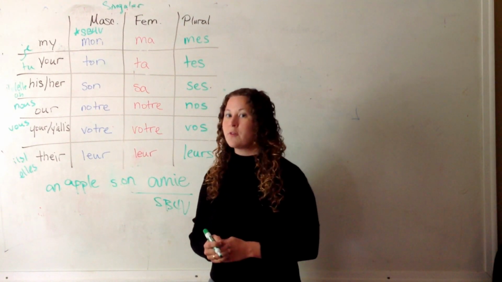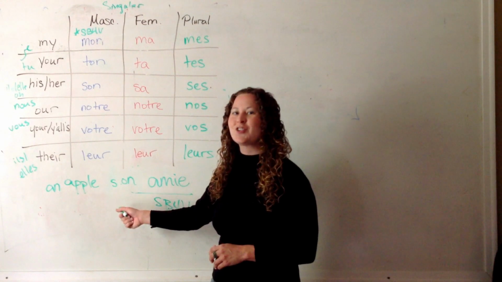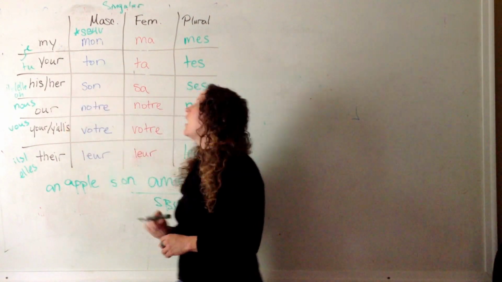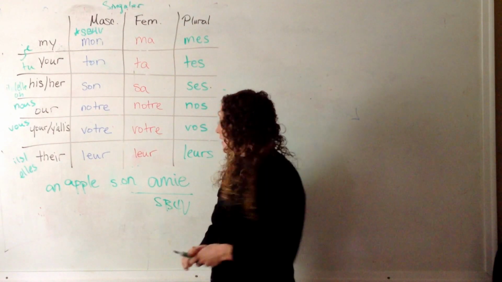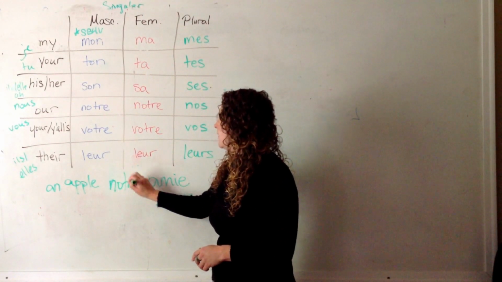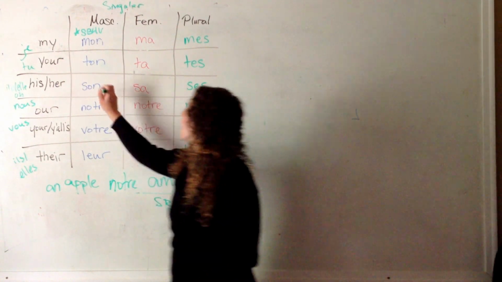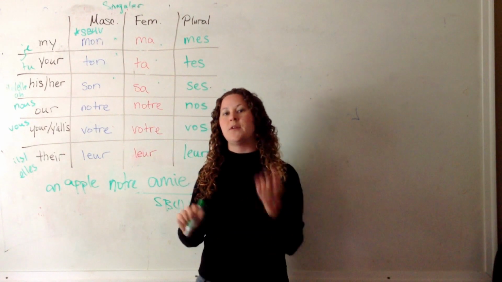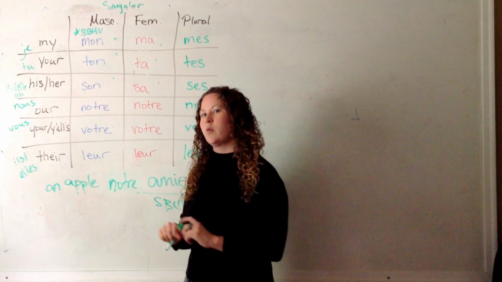If it was her friend, son ami. Same thing, his or her, remember? But if it was our friend, guess what? Don't have to worry about it. Because notre isn't one of those issues. It's only those six that you really have to worry about as far as singular before a vowel.